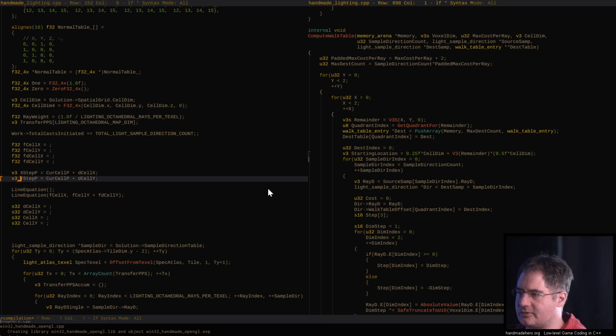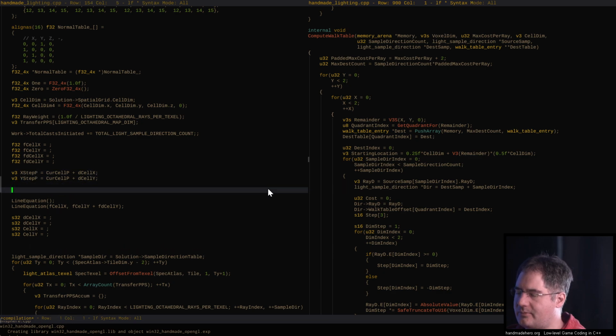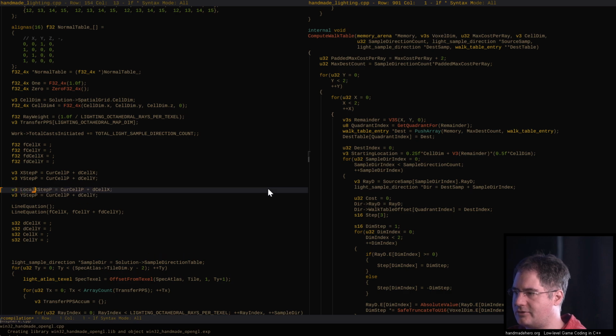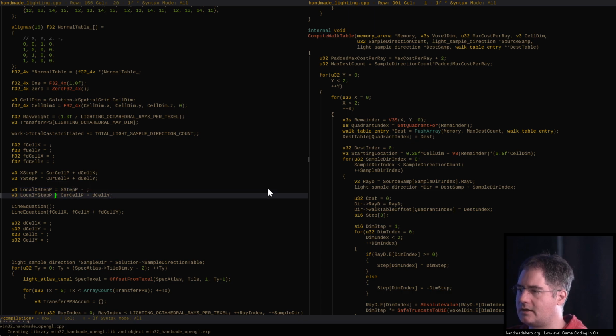So if we take those two, the next step would be we would say, okay, the difference, like the delta between those two, from the ray's origin, these two both would have a local version that's whatever they were minus the ray origin.